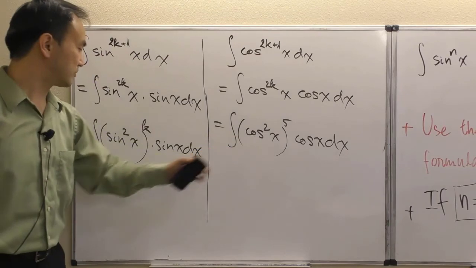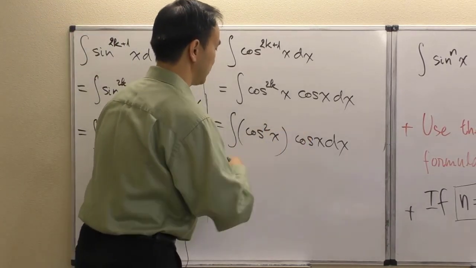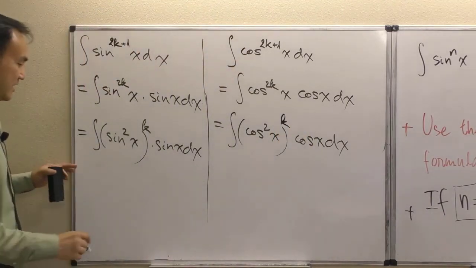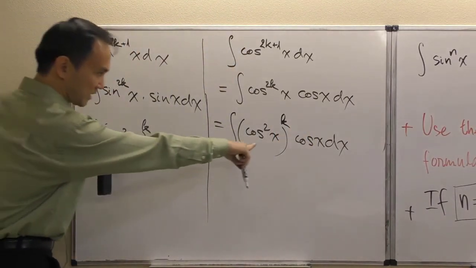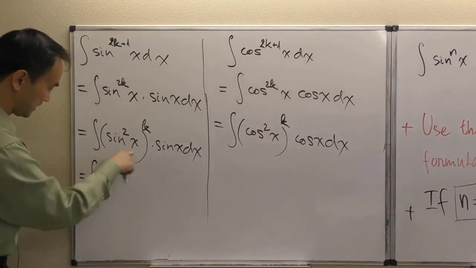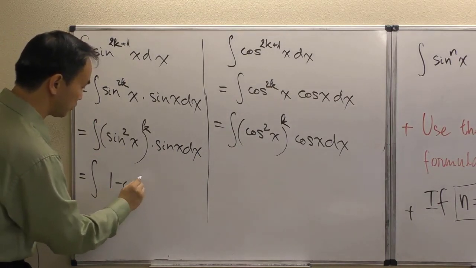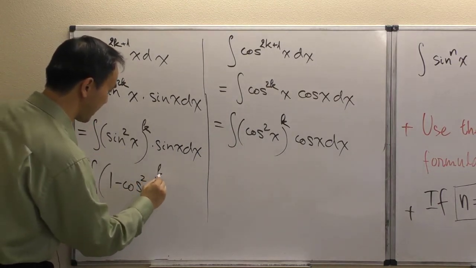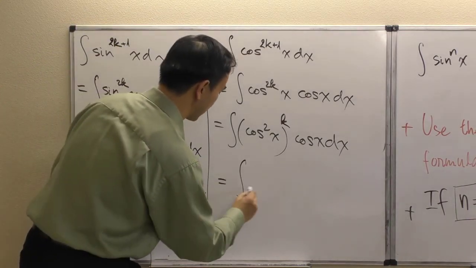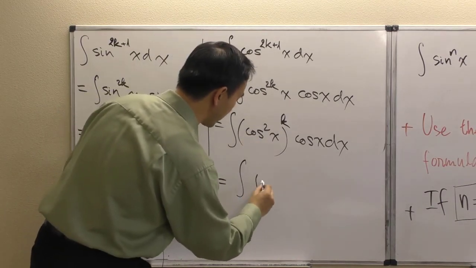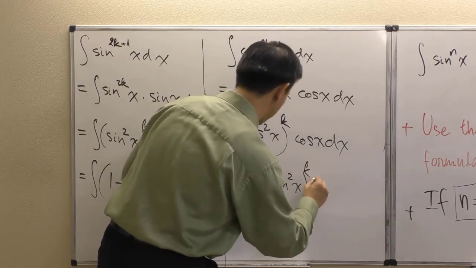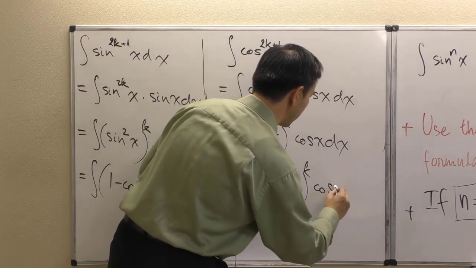And then the whole purpose of doing this, when we express these as a square of sine or square of cosine, is that we can re-express this as 1 minus cosine square to the k power, times sine of x dx. And here, inside the parentheses, we can rewrite it as 1 minus sine square of x to the k power, times the lone factor cosine of x.